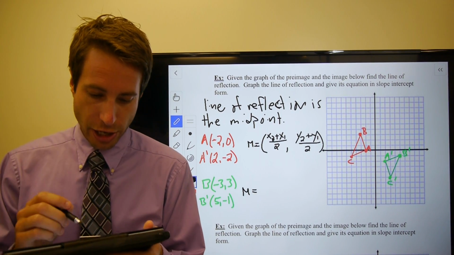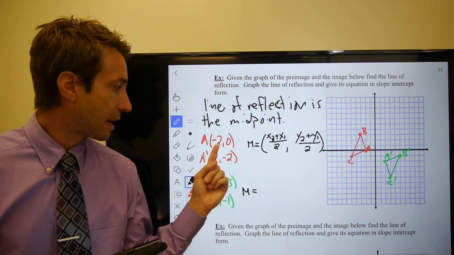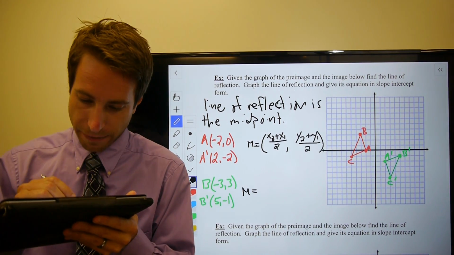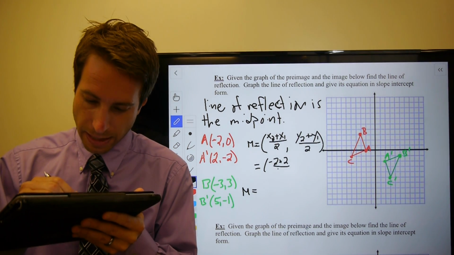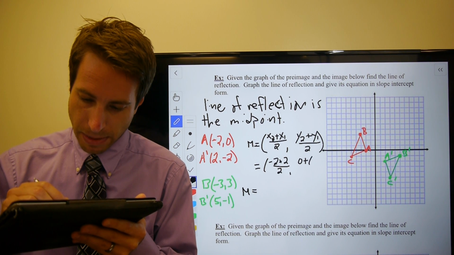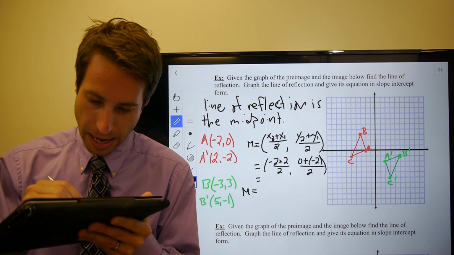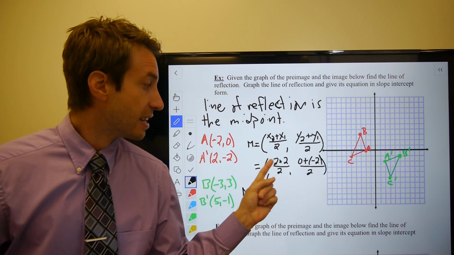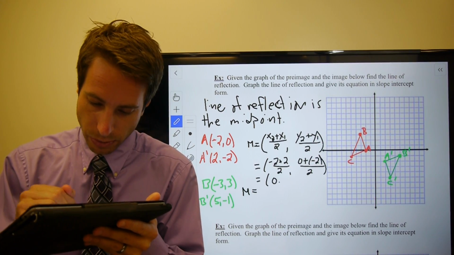Here we go. Okay, these are my x's. So I'm going to have -2 plus 2, divided by 2. My y's are going to be 0 plus -2 divided by 2. That means -2 plus 2 is going to be 0. 0 divided by 2 is 0, so 0.